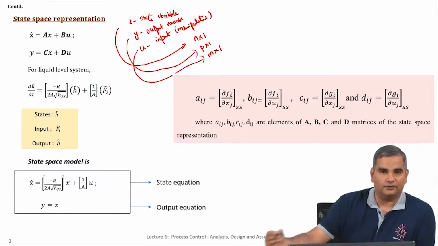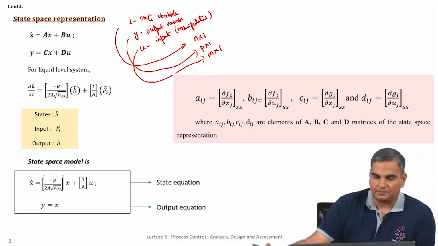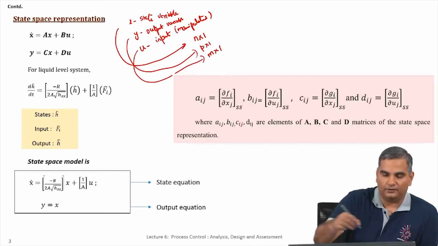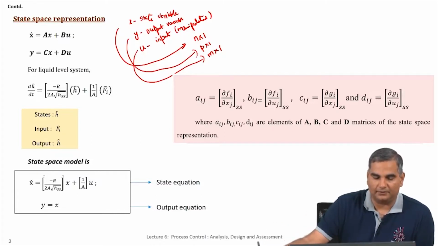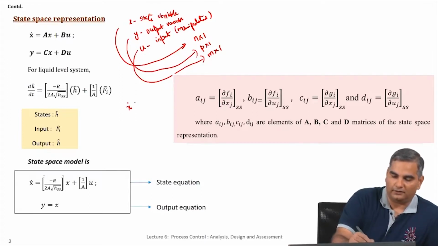We will get back to this when we talk about multivariable control, but since I am introducing state space representation for the first time, I thought I will do the general form and then quickly move on to this simple liquid level tank example, and then tell you how all of this figures out in this tank example.